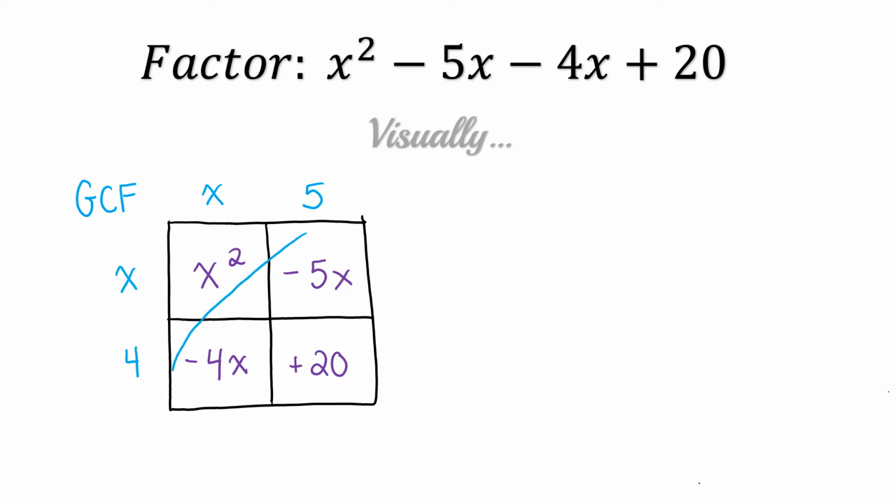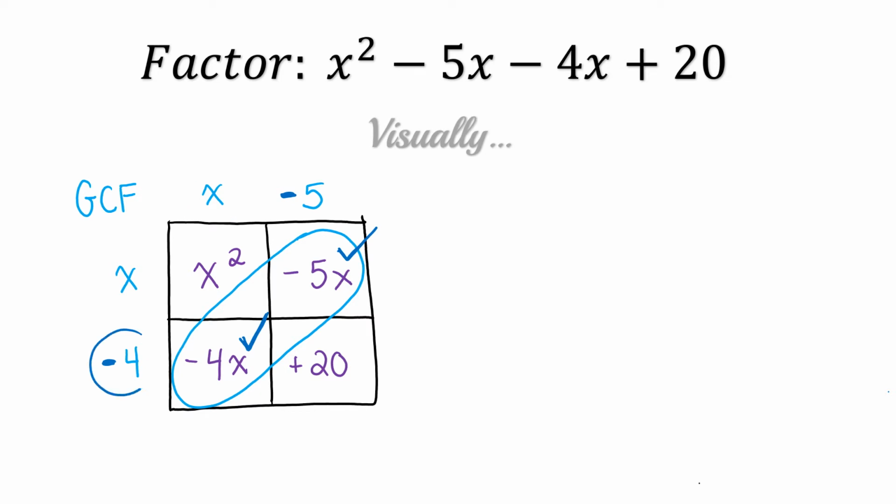However, if we go to check our answer, you'll notice that x times 5 is not equal to negative 5x, and that 4 times x is not equal to negative 4x. So we need to add negatives to each of our numbers so that we have x times negative 5 gives us negative 5x, and negative 4 times x gives us negative 4x.